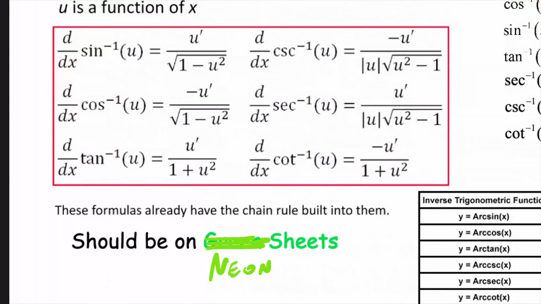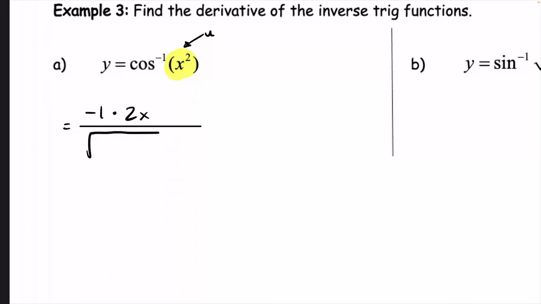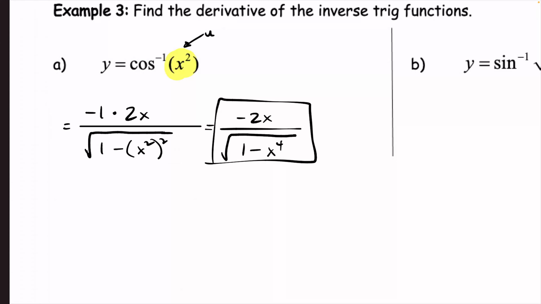The bottom is the square root of 1 minus u squared, and we said x squared was u. Simplify it and you get negative 2x over the square root of 1 minus x squared squared, which is just x to the 4th. Done. Plug it in, simplify, that's it.